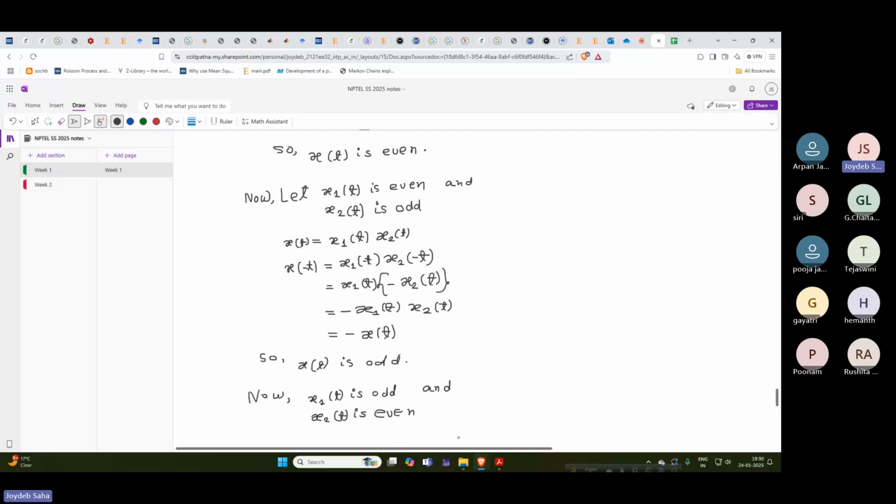Take 2-3 minutes and try to solve. Then match the answer with our answer.